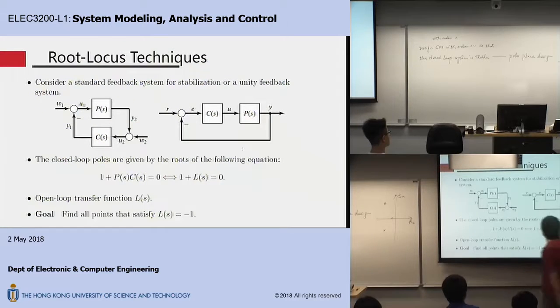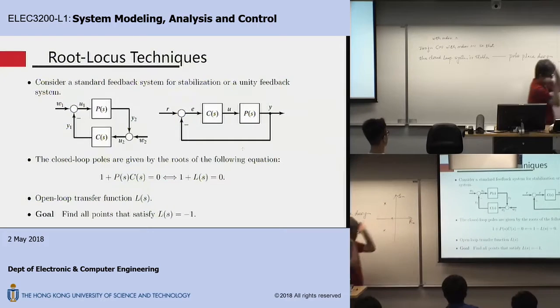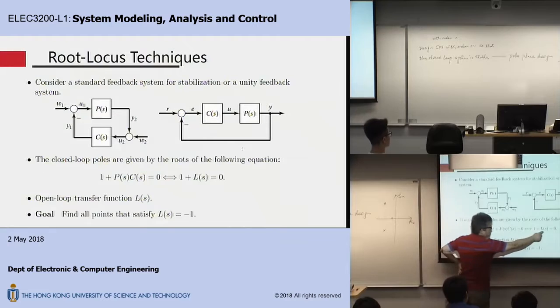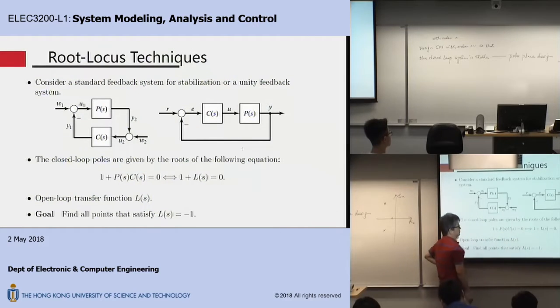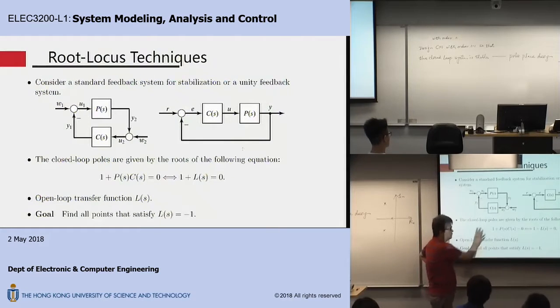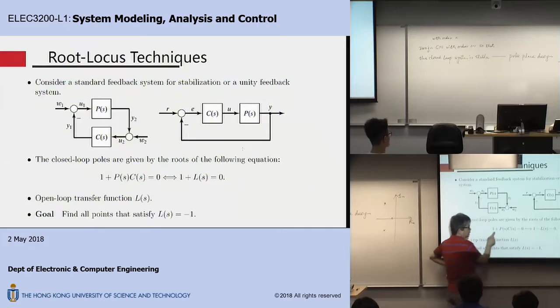Basically these two systems are more or less the same when you study stability. So the loop transfer function is L, and L is P times C. The closed loop poles are given by the roots of the following equation, basically 1 plus L.